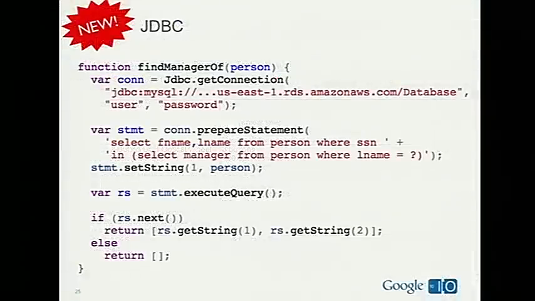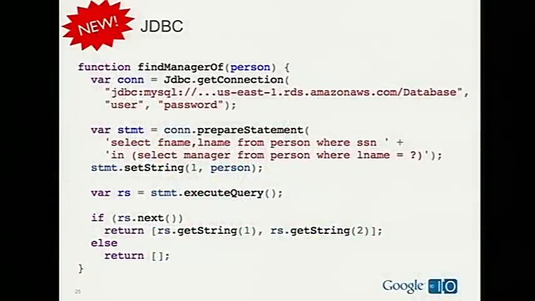We're also introducing JDBC today. This was released again just a few hours ago. And this means that as well as talking to Amazon, so Bob can automatically add things to his cart and purchase them, he can also talk to his own back-end data stores, and he can find out, for example, in the query here, who somebody's manager is, so he can then ask that person for spending approval.